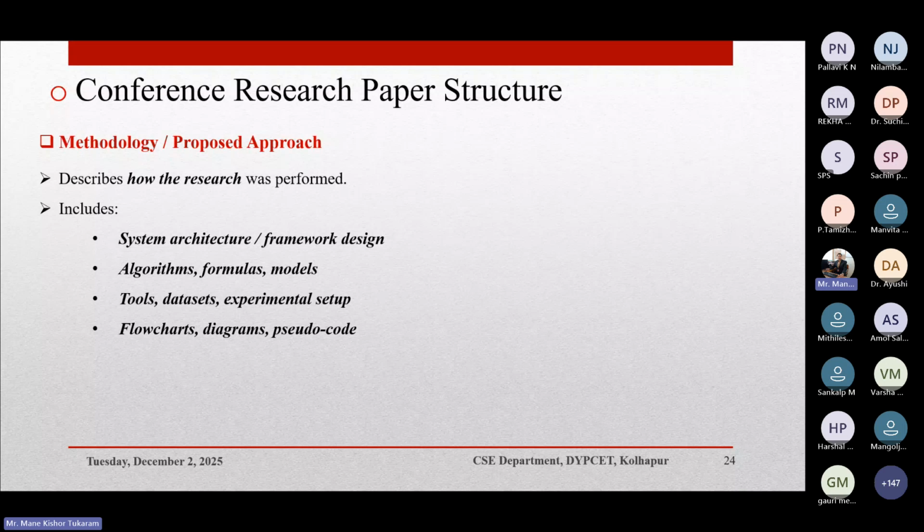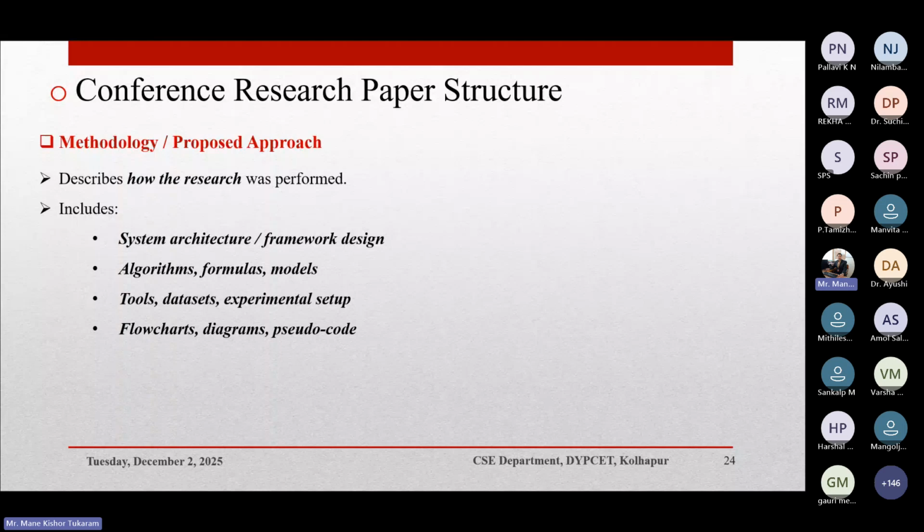Suppose I am writing new algorithms, formulas, or models related to the different system components of the system architecture, then we can write them. Again, we can write the details related to the tools, database, or experimental setup we have made. We also write the different flowcharts, diagrams, or pseudocode related to the proposed system. All these four things we can address within the proposed approach.